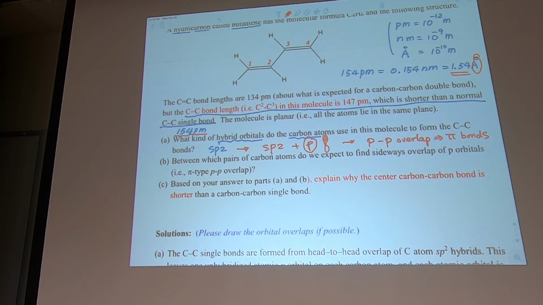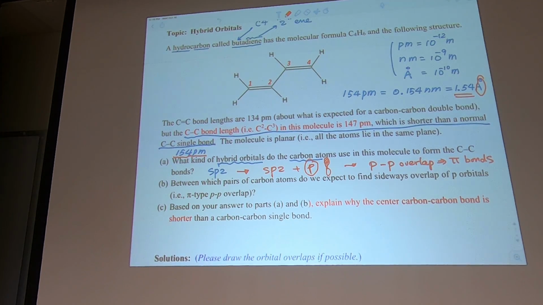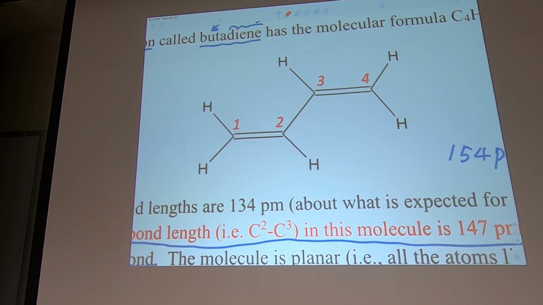I think you have seen that in the lecture, and I'm going to draw it here. The sigma bonding shown in the molecule up here is all like a single bond, but I am going to highlight the pi bonding, which is responsible for this extra line. The real shape of the pi bonding comes from the p orbital overlap.